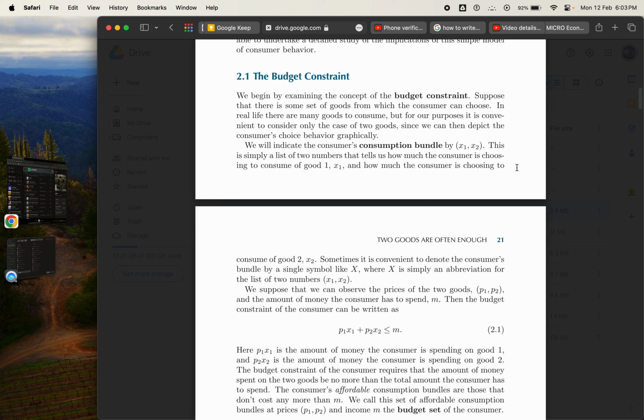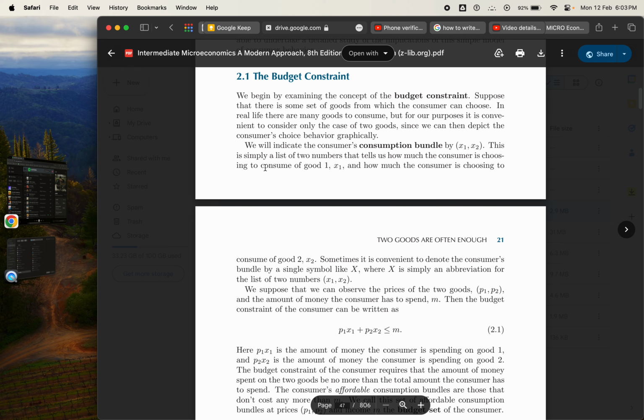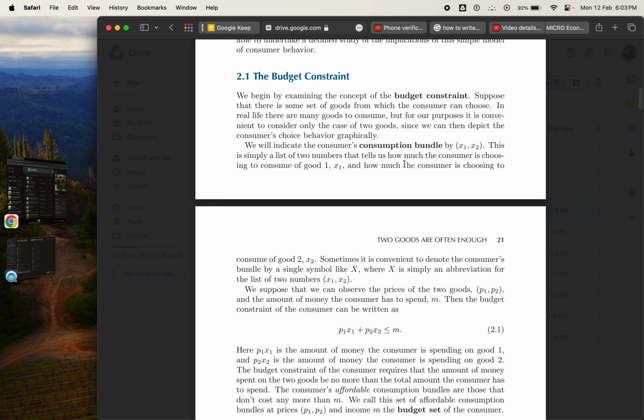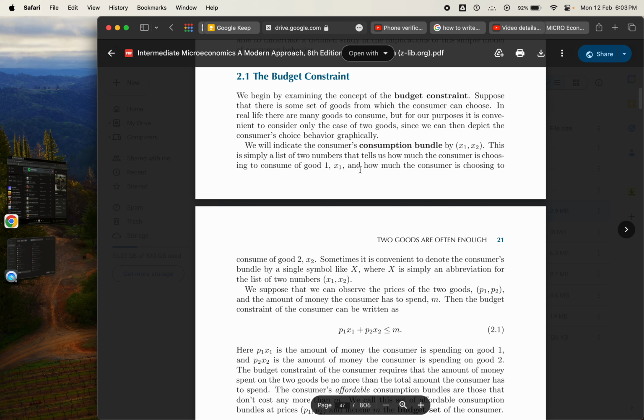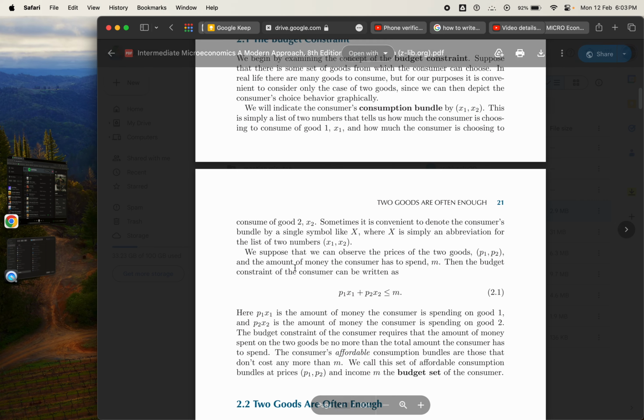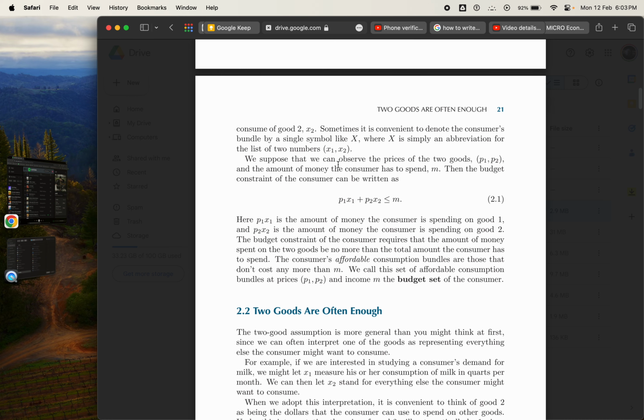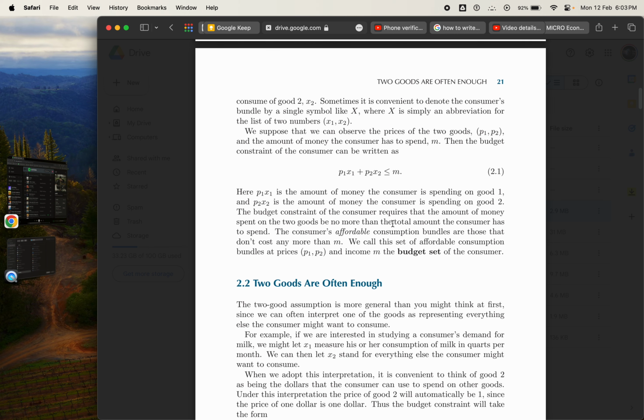So a consumption bundle is basically a set of two numbers that tells us how much the consumer is choosing to consume of good one and of good two. And there's a mathematical equation to denote it: price of good one multiplied with the quantity of good one, plus price of good two multiplied with the quantity of good two, has to be less than or equal to the income, or whatever money the person can afford to spend.